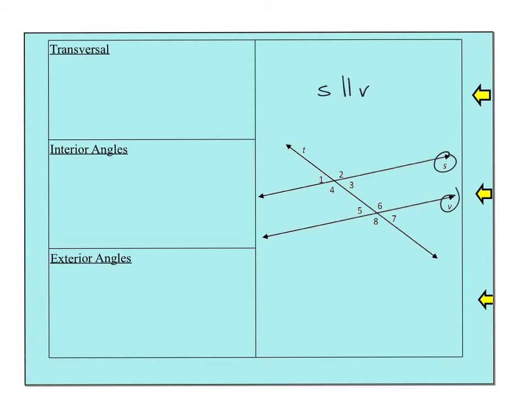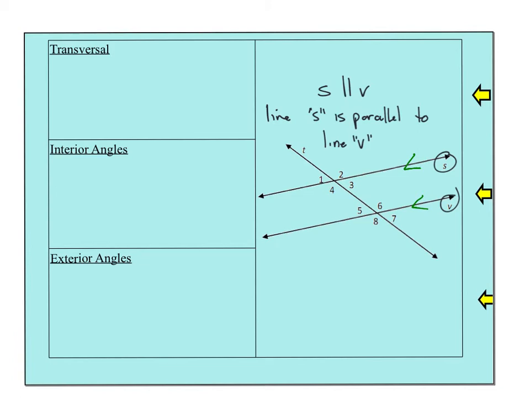So we're saying that line S is parallel to line V. Sometimes you'll see a symbol of two arrows like that, which is an indication that those two lines are parallel.